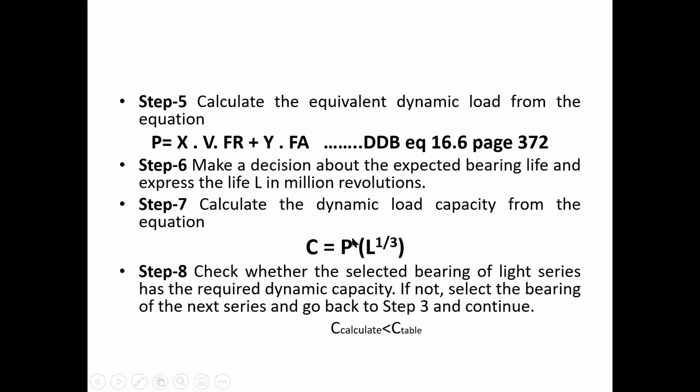One thing also we know is that the dynamic load rating of any bearing corresponds to a rated life of 1 million revolutions. So from here we will find the dynamic load capacity of the bearing for which we are checking suitability.